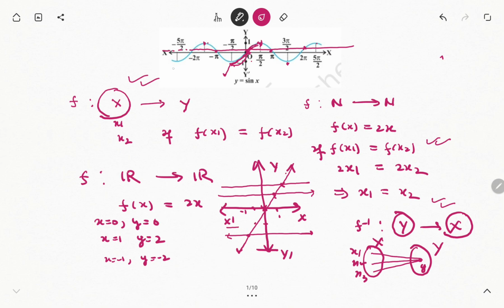Minus 3 pi by 2 to minus 5 pi by 2, intersecting at only one point. Yes, this is another branch. So we have many branches where the function is 1, 1. That's why it is very necessary that we restrict the domain of the trigonometric function. Then and only then can we define inverse trigonometric functions. Otherwise, we cannot define them.